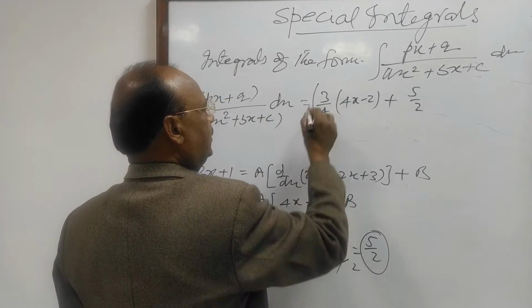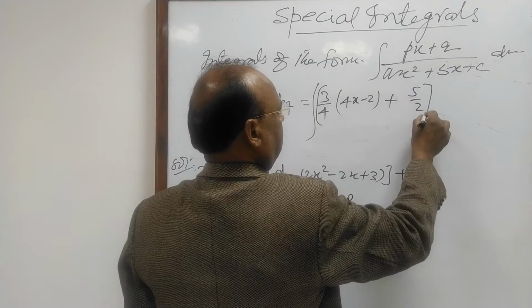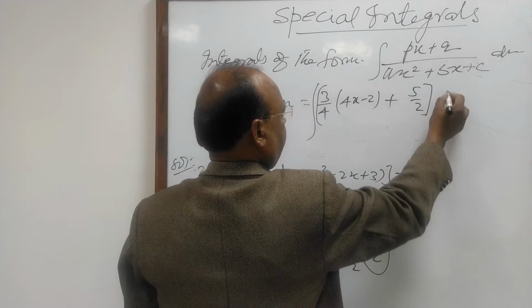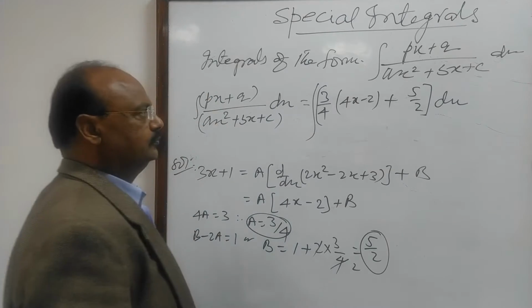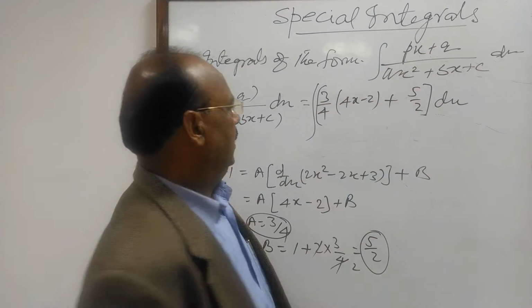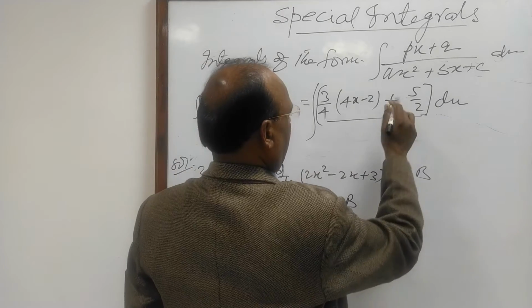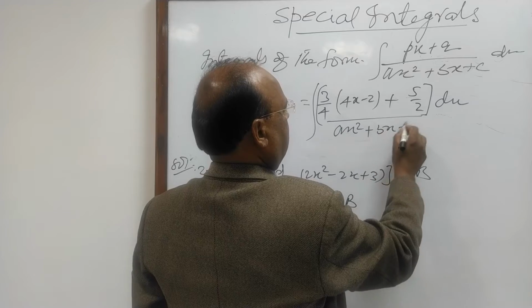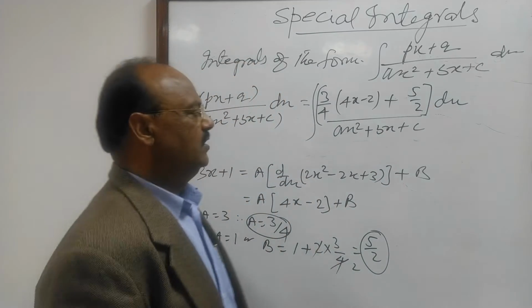So we have to integrate this one, since px plus q is this, divided by ax square plus bx plus c.